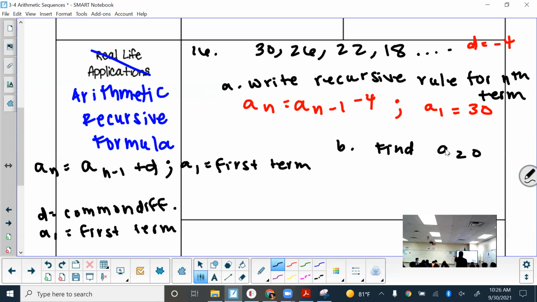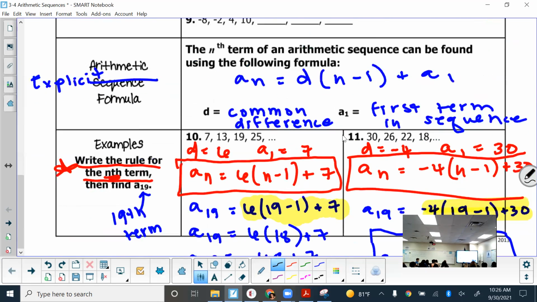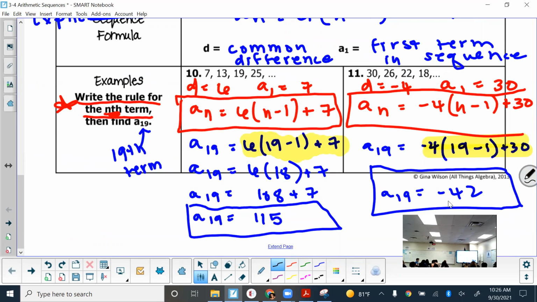All right, so all you have to do on your test really is just write the rule, but this explains why there's 2 rules. So a sub 20 is my 20th term. We know what the 19th term is because that's what we did in number 11. This is the same sequence that we used in number 11, right? So we know that the 19th term is -42.